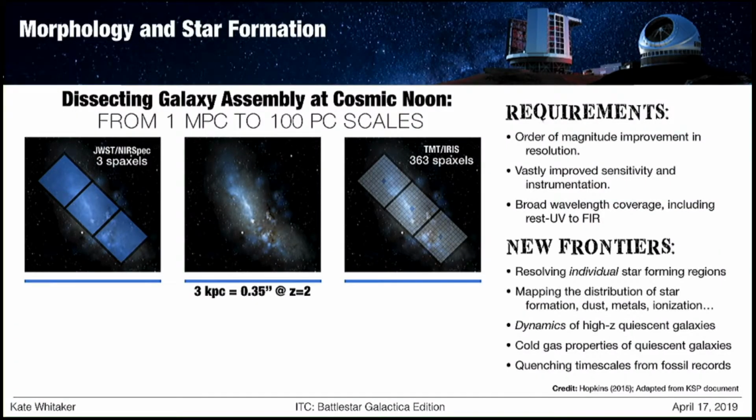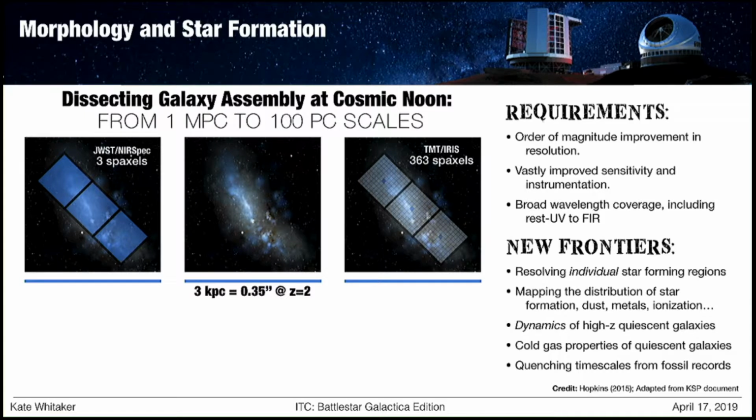And then I wanted to leave by saying, what do we need to understand these things? I think we need an order of magnitude improvement in resolution. We need improved sensitivity and instrumentation. And we need to continue having this broad wavelength, multi-wavelength view of galaxies. This is showing a diagram of the 3 spaxels of the IFU for a redshift 2 galaxy.